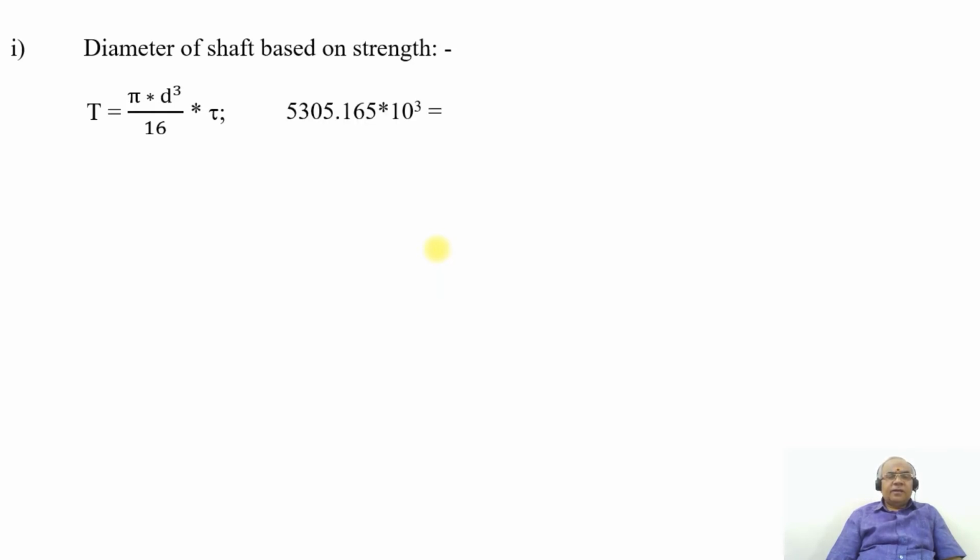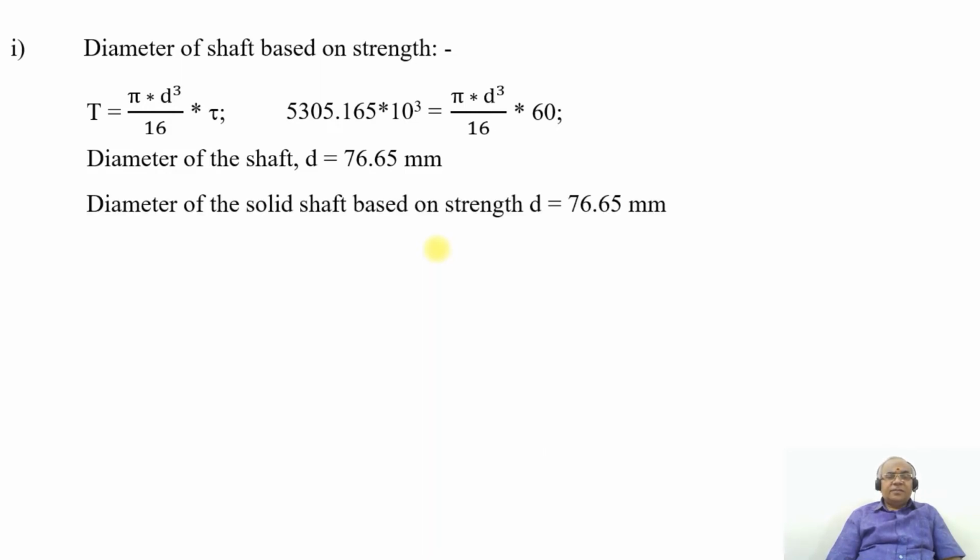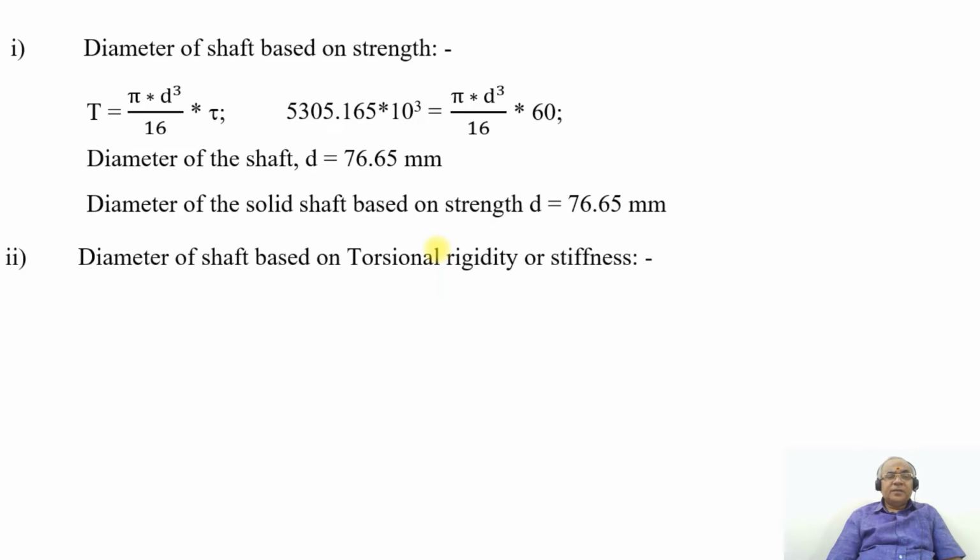You know the torque value, 5305.165 into 10 to the power of 3. Substitute that, which equals pi by 16 into d cube into tau, which is 60. On cross multiplication and simplification, the diameter of the shaft D will be equal to 76.65 mm. So the diameter of the solid shaft based on strength is D equal to 76.65 mm.